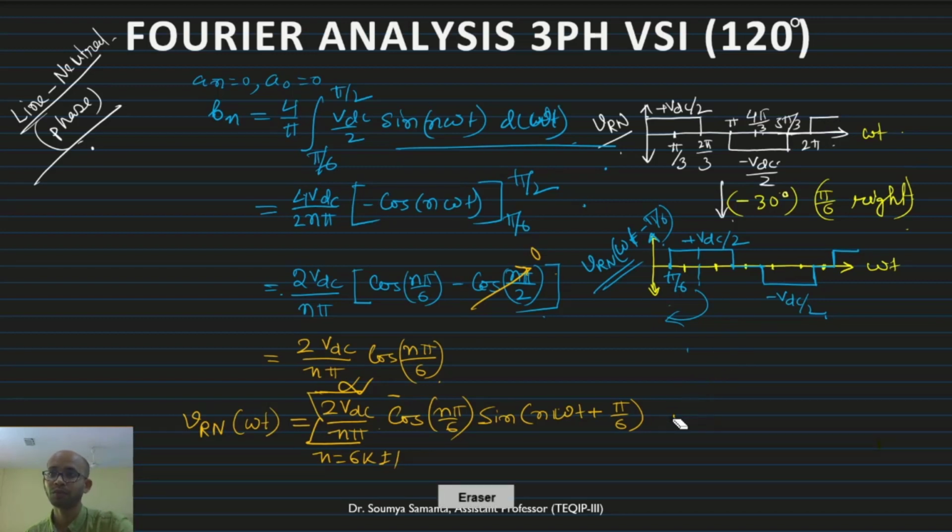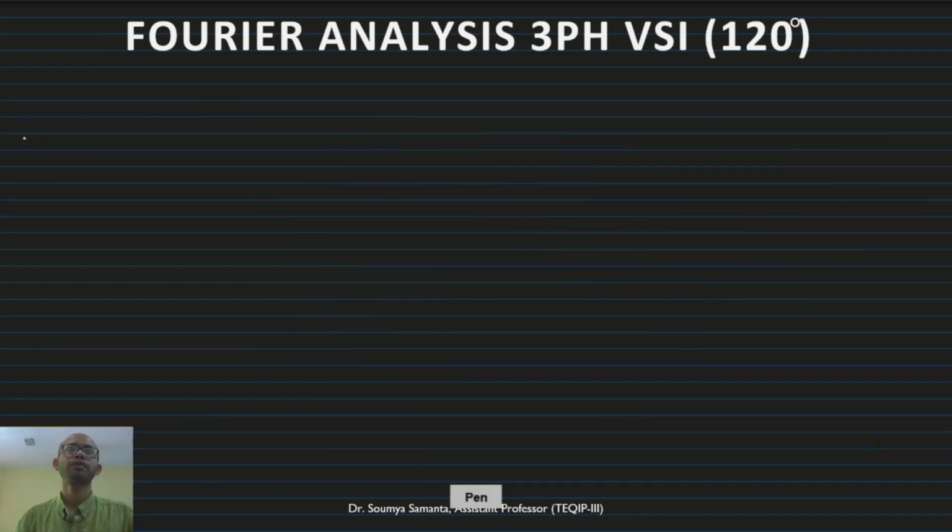Now once I get the phase voltage, if I multiply it by √3 and make it lead, then we can find out the waveform, that is the line voltage waveform. So next let us find out the line voltage expression, the line to line voltage. We have found out the phase voltage, now we just find out the line voltage, that means VRY.